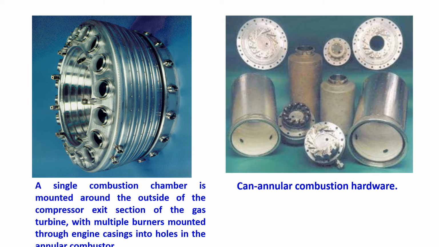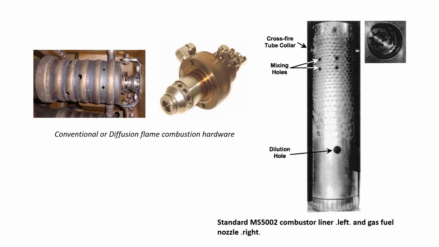The first figure shows the single combustion chamber mounted on the outside of the compressor exit. That is the compressor exit section of the gas turbine, with multiple burners mounted through the engine casing into holes in the annular combustor. Here, annular combustion hardware. These are the components of the conventional diffusion flame combustion hardware.